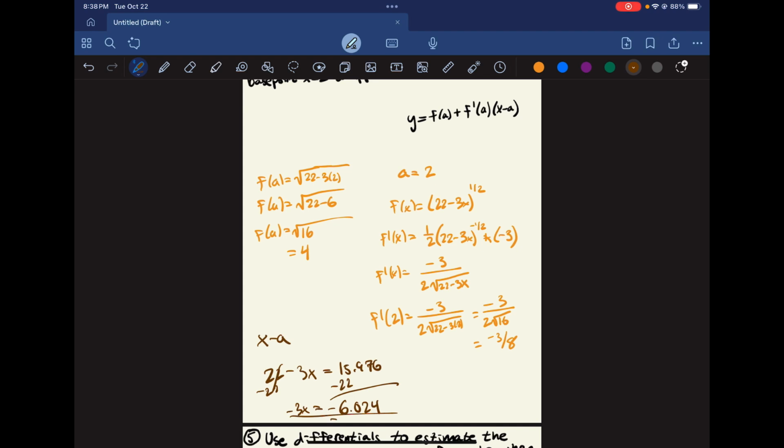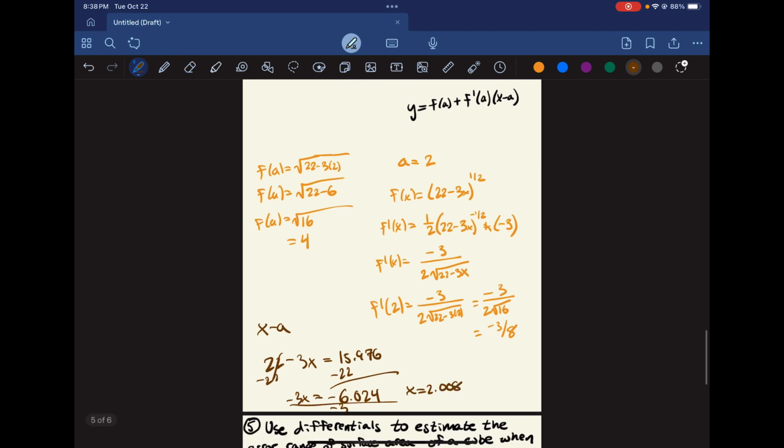So then we divide both sides by negative 3, and we get x equals 2.008. So our x equals 2.008.